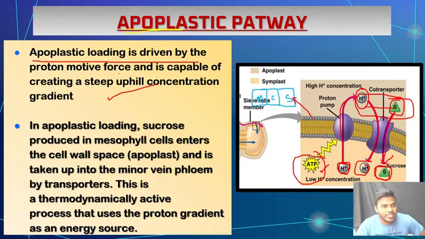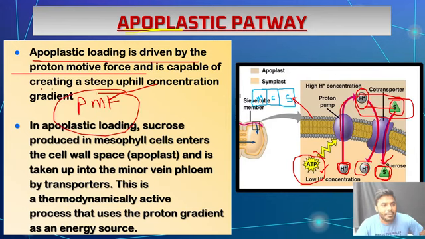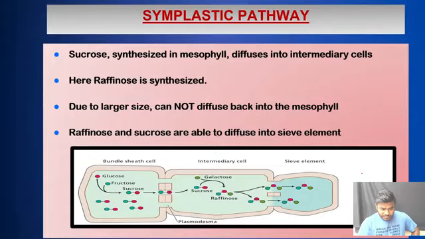Apoplastic loading is driven by the proton motive force, PMF, which is capable of creating a steep uphill concentration gradient. Correct? H plus moves from low H plus concentration to high, then once again it comes from high to low. Very simple point.